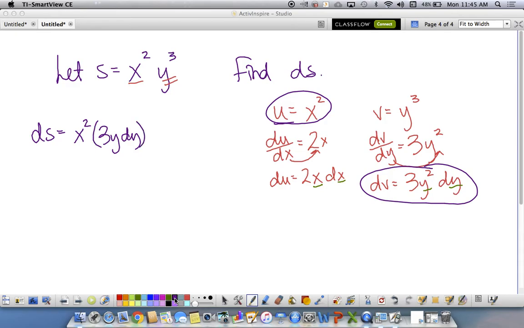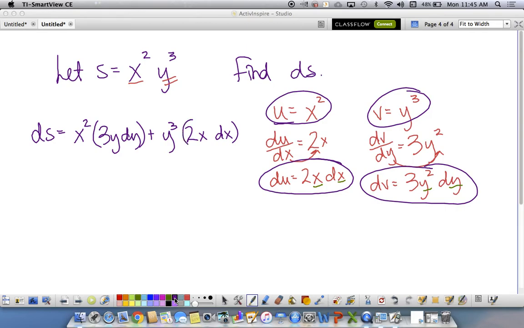That's my differential of my second, plus second, which is y cubed, differential of my first, which is 2x dx. Now, sometimes they will rewrite this and not put parentheses. I put parentheses, they don't always, but you don't have to have it because it's really just three things multiplied together.